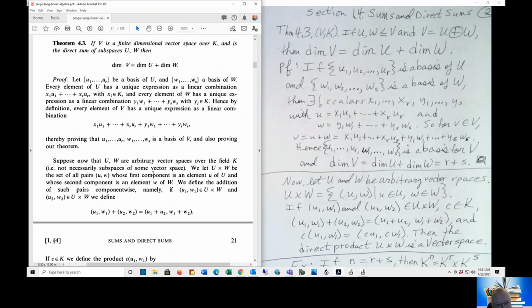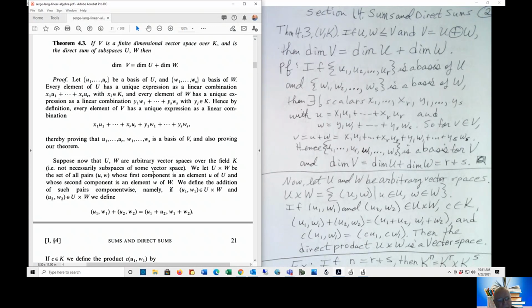Hence, that means that every vector v in V can also be written as a unique linear combination of all of those vectors, the xi ui's plus the yj wj's.